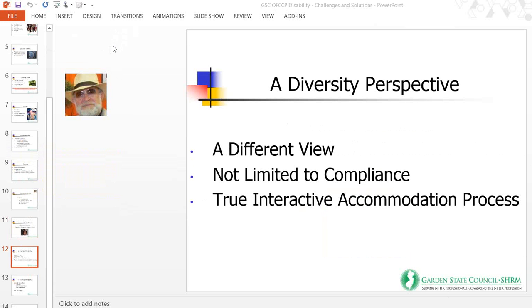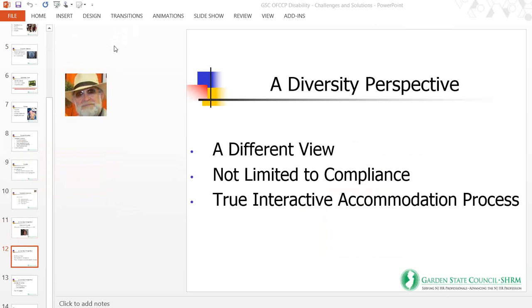And what I would offer to you is that is not a true interactive process. What HR needs to be able to do is facilitate a process that is iterative, that keeps looking for creative ways to involve people in our workforce to utilize their skills, regardless of any different ability or disability that they may have, and that allows us to get the most out of our workforce and also the most out of the possibilities within our business.